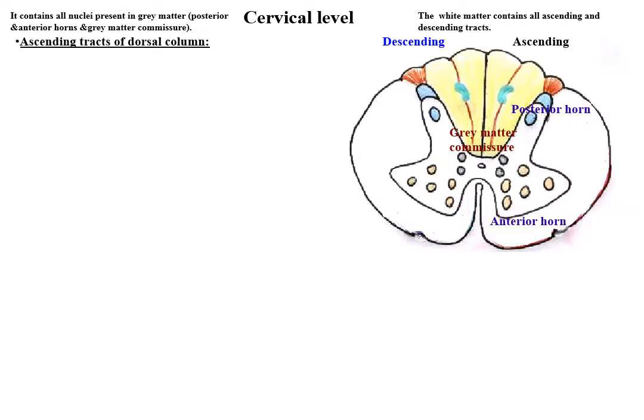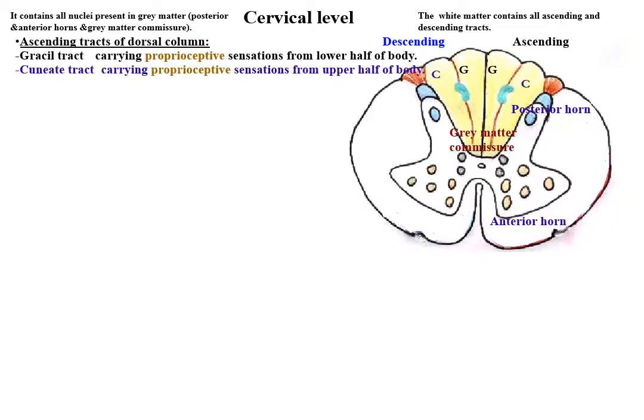Ascending tracts of the dorsal column are gracile tract carrying proprioceptive sensations from the lower half of the body, cuneate tract carrying proprioceptive sensations from the upper half of the body, Lissauer's tract carrying pain and temperature from all the body.